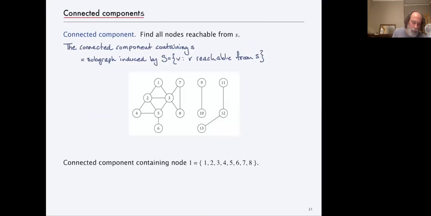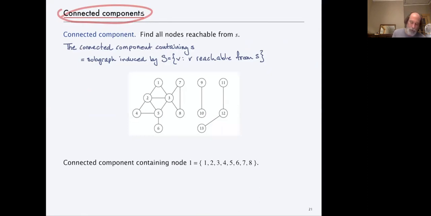Okay, so now we want to talk about connected components. A connected component in an undirected graph is a subgraph that consists of a set of vertices, all of which are reachable from each other, all of which are connected to each other, and a maximum subset.